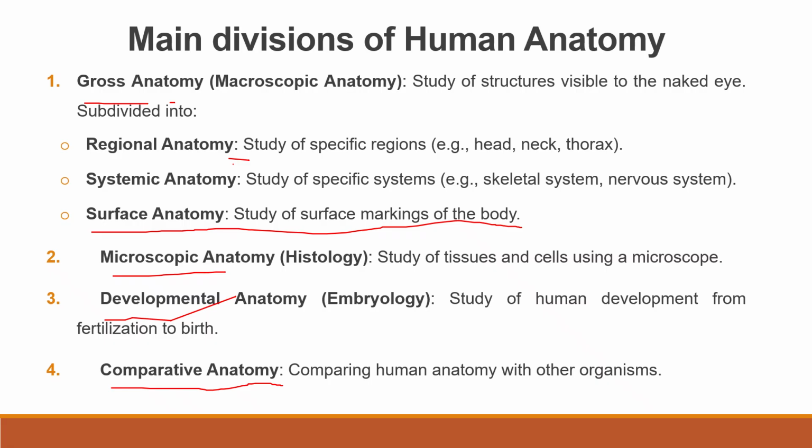And the final one is comparative anatomy, which compares the human body with other organisms, for example animals like the elephant, monkey, rat, or rabbit.